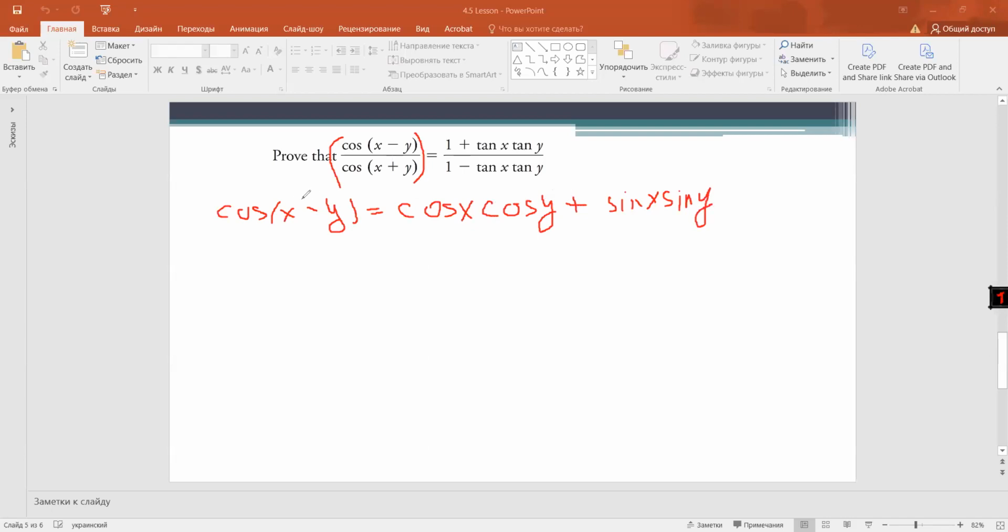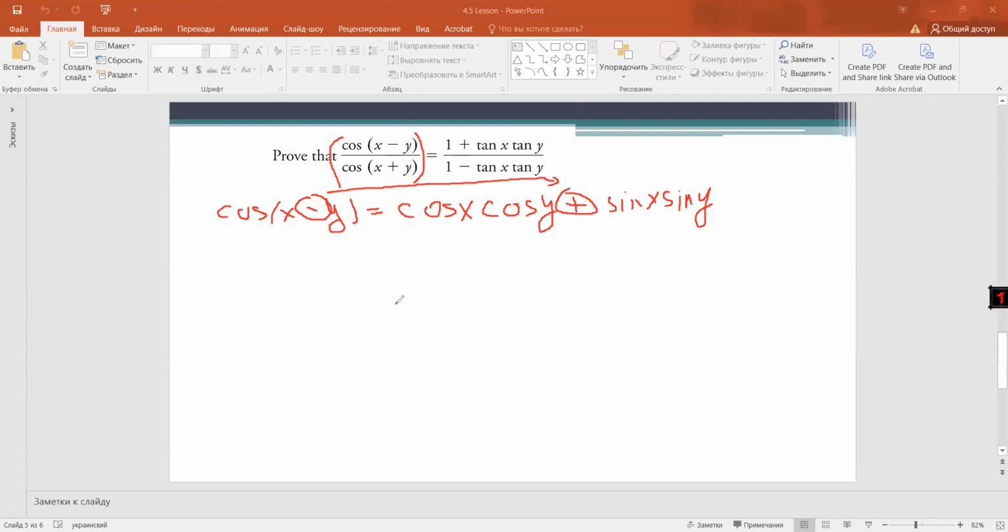The only difference between plus and minus is the sign between the terms. For the subtraction formula, the difference of two angles, we have plus here, and for the sum of two angles, we have minus there.